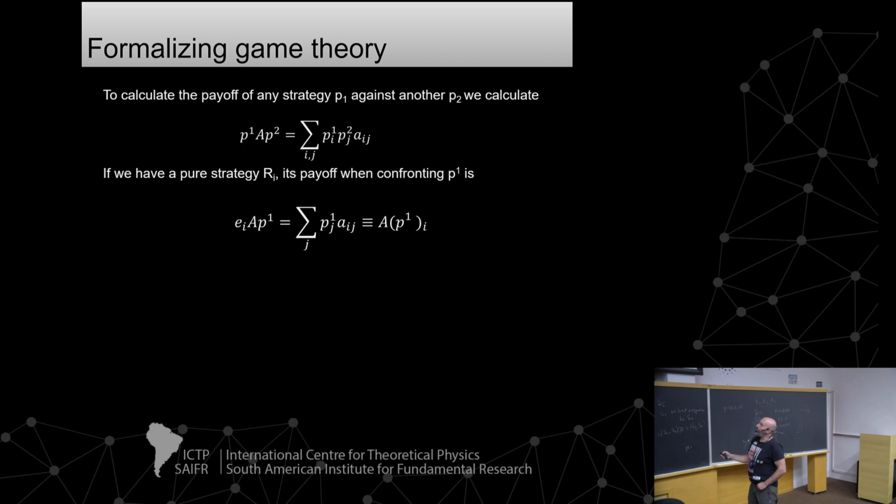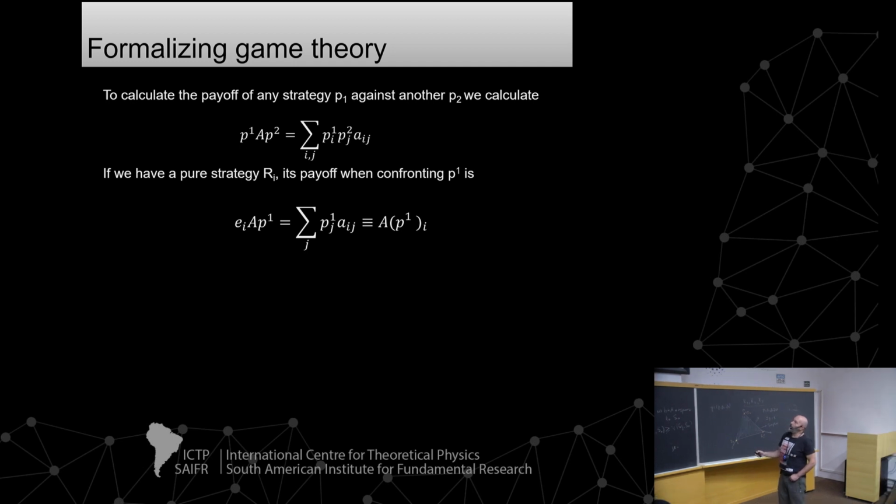Here I have the payoff matrix, and here I have the vector P2, representing the mixed strategy 2. So it's P1 multiplied by the payoff matrix, multiplied by the vector P2. This will give me then the payoff of P1 against the strategy P2.